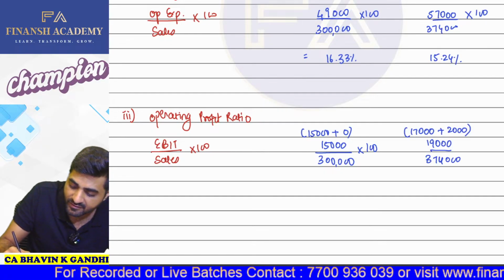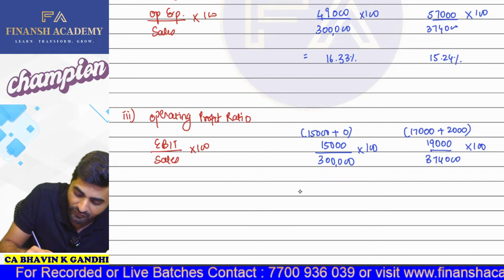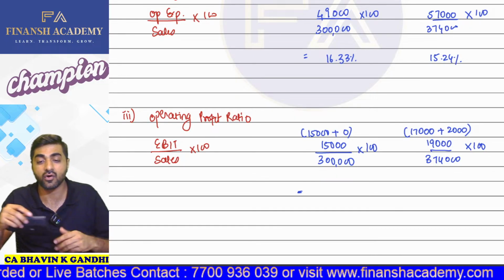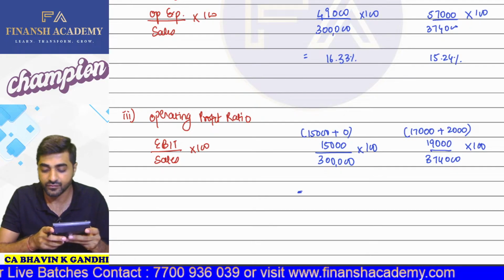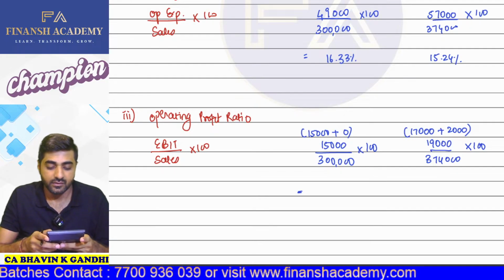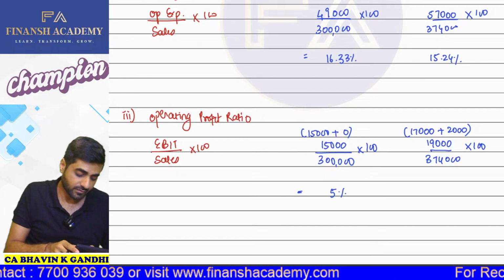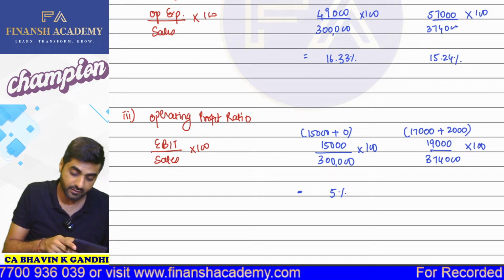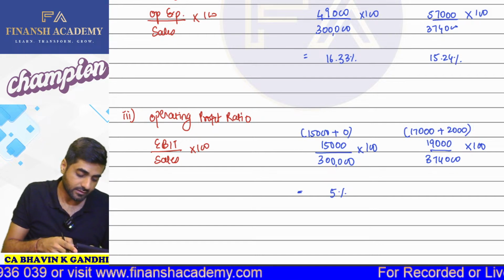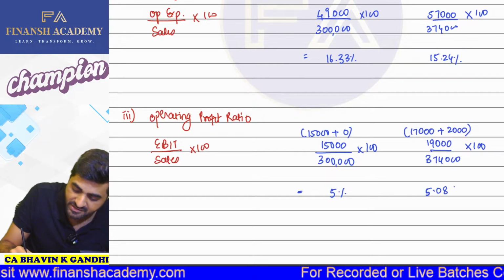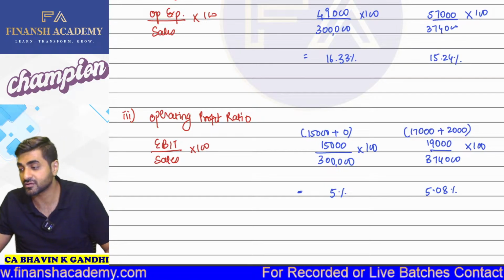Multiply this by 100. So this data is sufficient for you to calculate what is going to be your operating profit ratio. So this is going to be 5.08%. This will be your operating profit ratio.